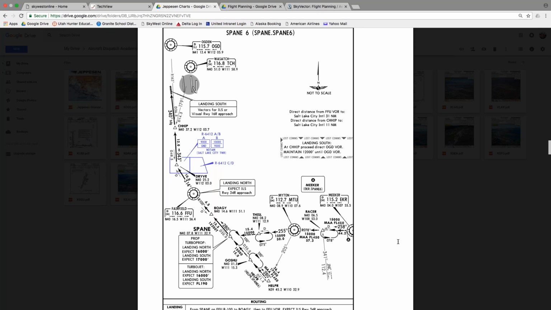And like Adam said, we know that it's 10.6 miles after this. So if we take 10.6 off of this, what does that give us? With the extra mileage of going around, remember, when we file on SkyVector, it's like direct point to point, right? So 10.6 miles after this gives us 33.6.